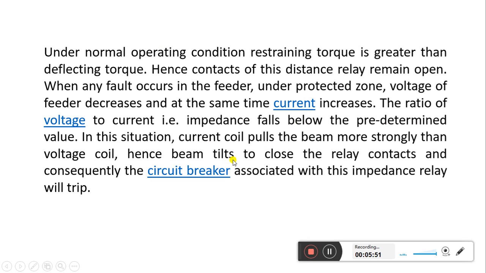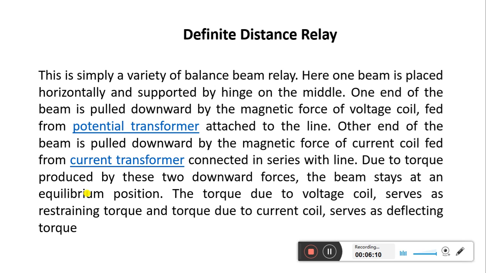Hence the beam tilts to close the relay contacts, and consequently the circuit breaker associated with this impedance relay will trip. So this is the total operation of the definite distance relay protection.